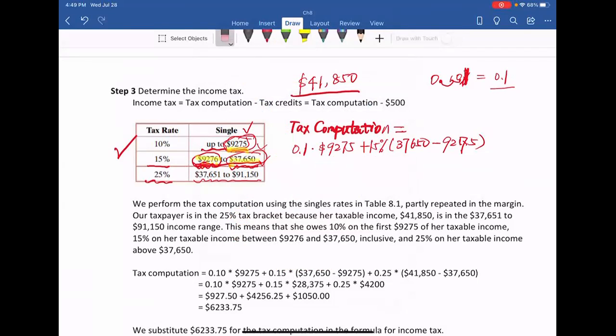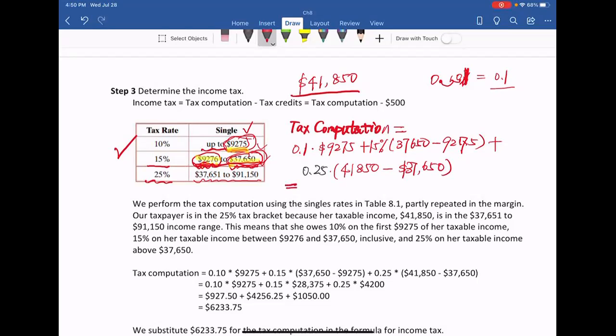And then for the next part, we need to add 25%, that's 0.25, multiplied by the remaining part. The remaining part is 41,850 subtract 37,650. So this is the tax computation.